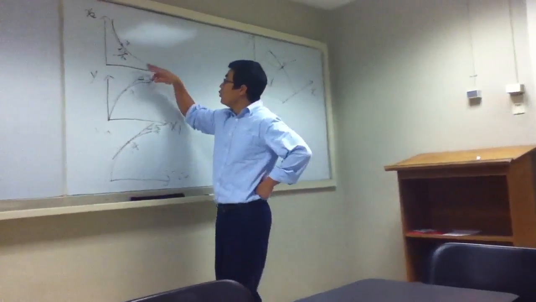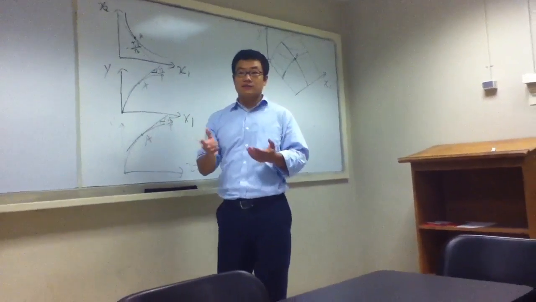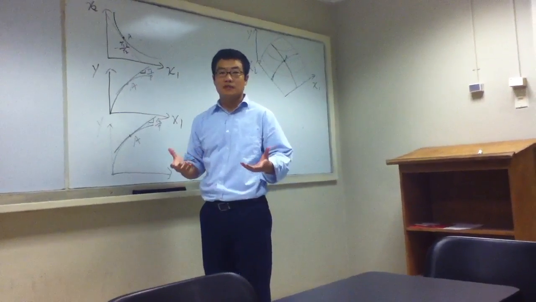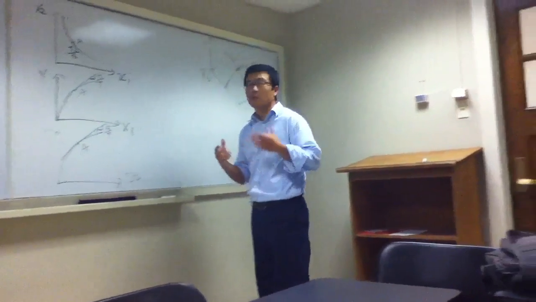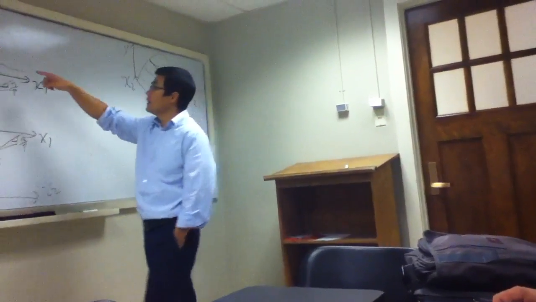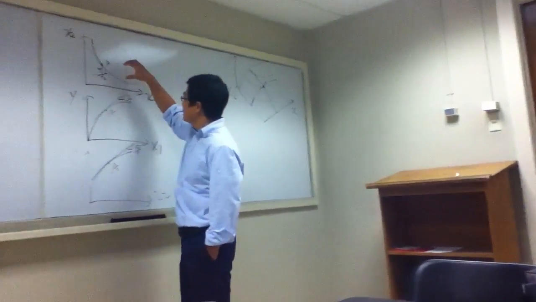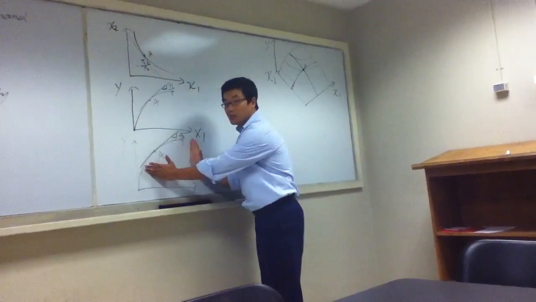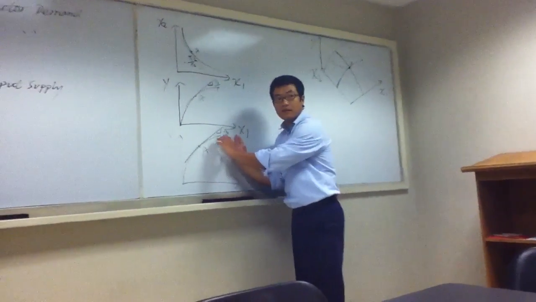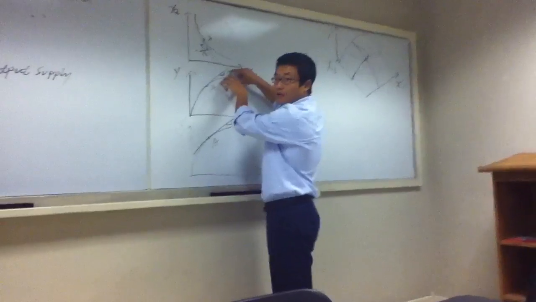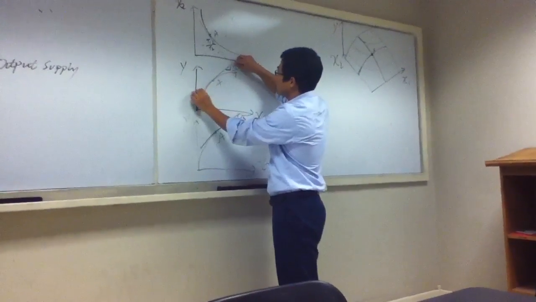What if output price remains constant, but one of the input prices becomes more expensive? Let's say r1 becomes higher. When r1 goes higher, r2 over p remains the same. But r1 goes up. Look at here, this line becomes steeper.